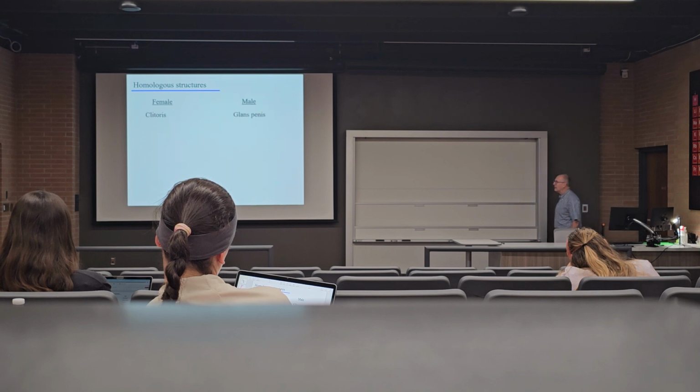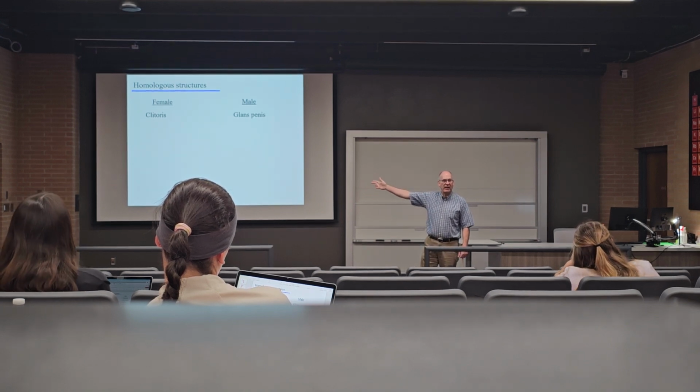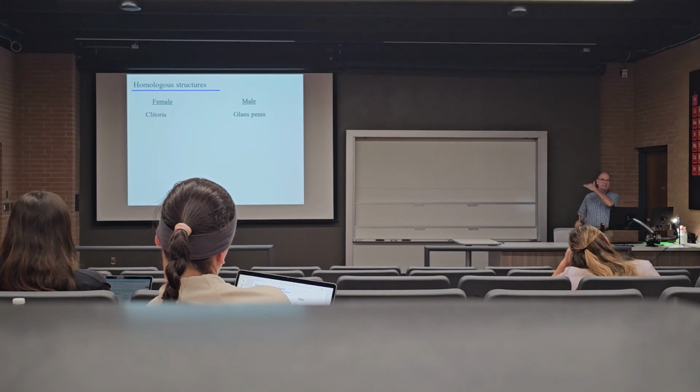So the clitoris and the glans penis are the same structure. Again, in the presence of testosterone, it turns into the penis. Without testosterone, it turns into the clitoris. Developmentally, they are the same thing, and therefore are said to be homologous, because homo means same.